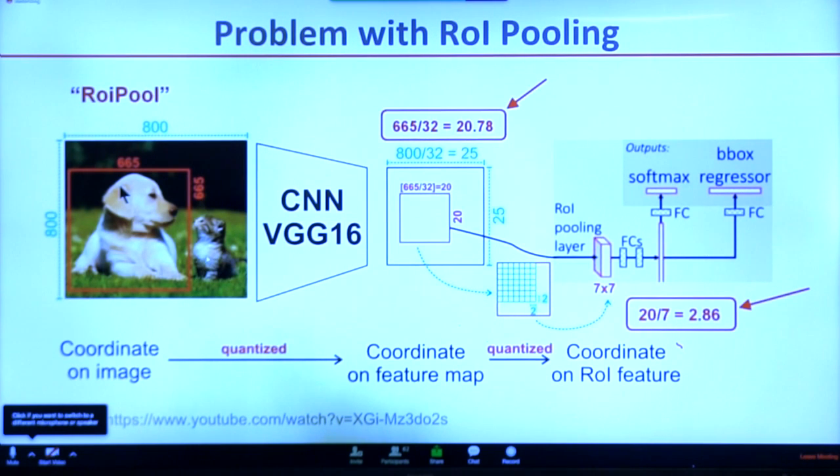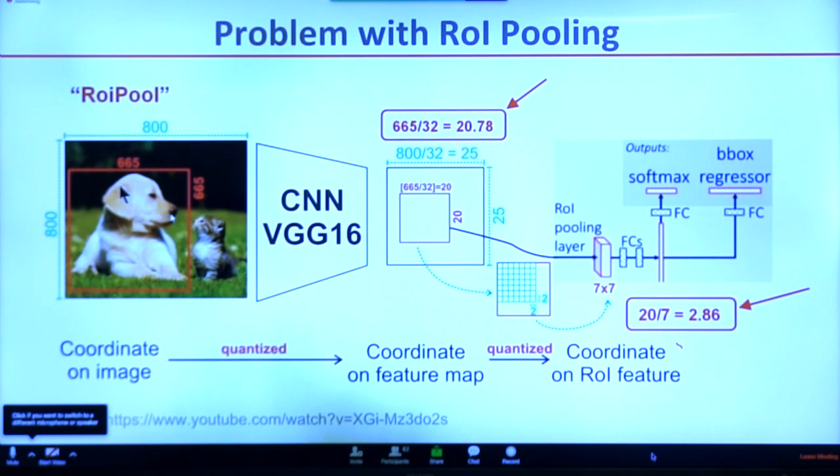So the first quantization is happening at the CNN level, and the second quantization is happening at ROI pooling. Let's look at the first quantization now. Let's say the image is 800 by 800, and we have an object which is 665 by 665.